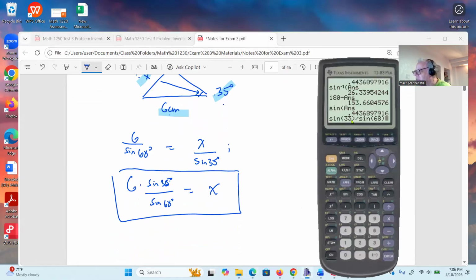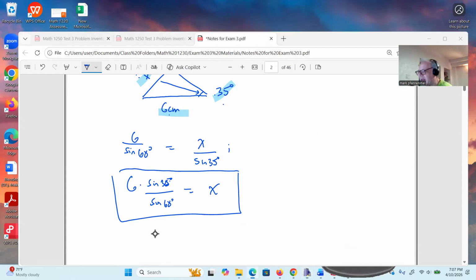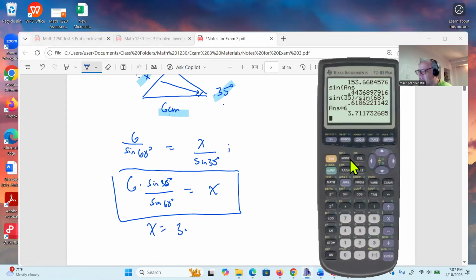Let me delete and change that to 35 degrees in parentheses. So we have the sine of 35 degrees divided by the sine of 68 degrees, times 6, and this x value is going to be 3.71 centimeters.